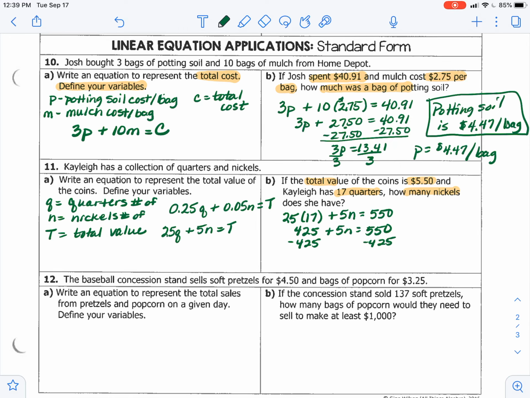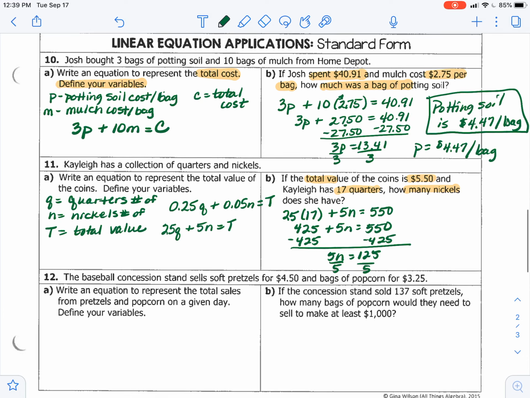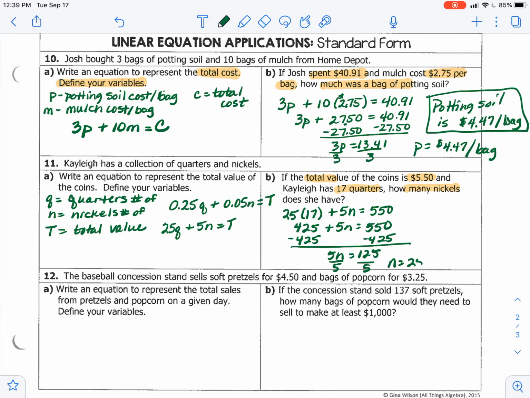So let's multiply. So that is 425 plus 5N equals 550. We're going to go ahead and subtract. 125, I could have done that in my head. Divide by 5. So N equals 25. Okay? And so the question says, how many nickels does she have?